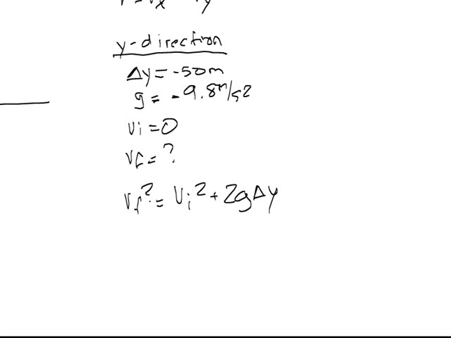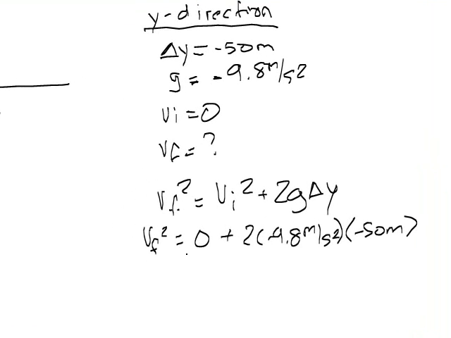The appropriate equation to use is Vf squared equals Vi squared plus 2g delta y. Let's substitute in. Vf squared is going to be equal to 0 plus 2 times negative 9.8 meters per second squared times negative 50 meters.